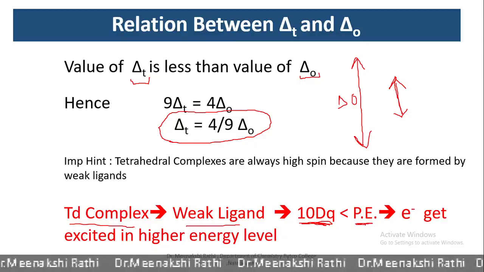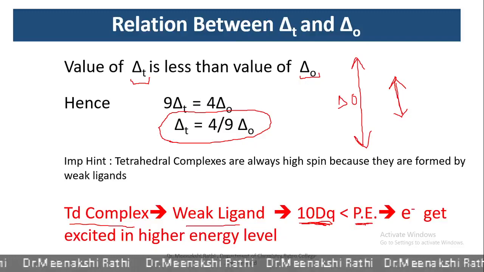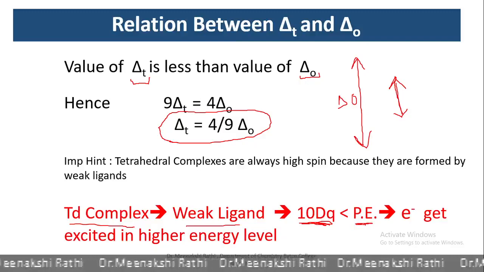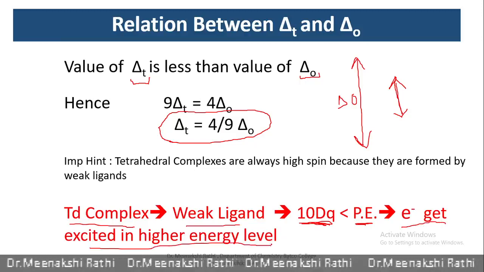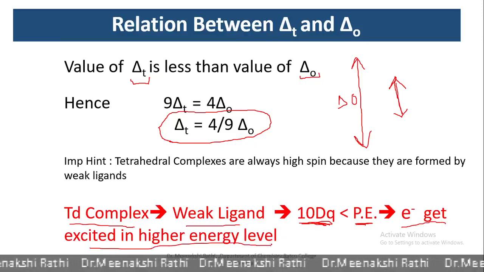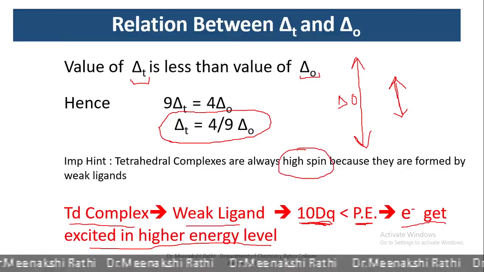In a tetrahedral complex, pairing energy is very high. So instead of getting paired, electrons always prefer to get excited to a higher energy level. And as electrons are excited, tetrahedral complexes are high spin complexes.